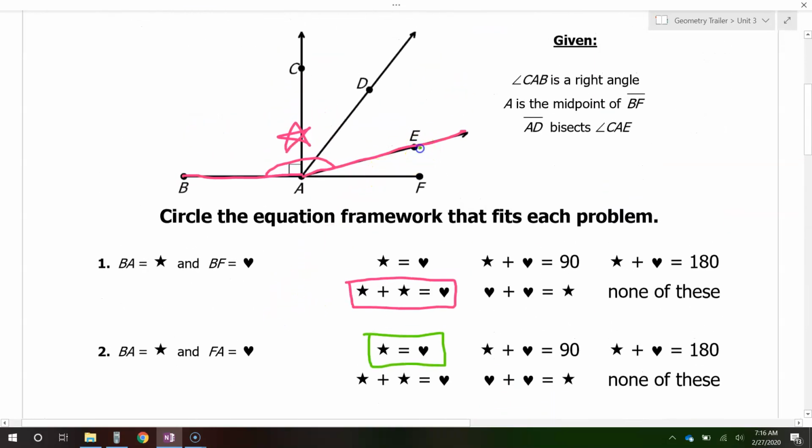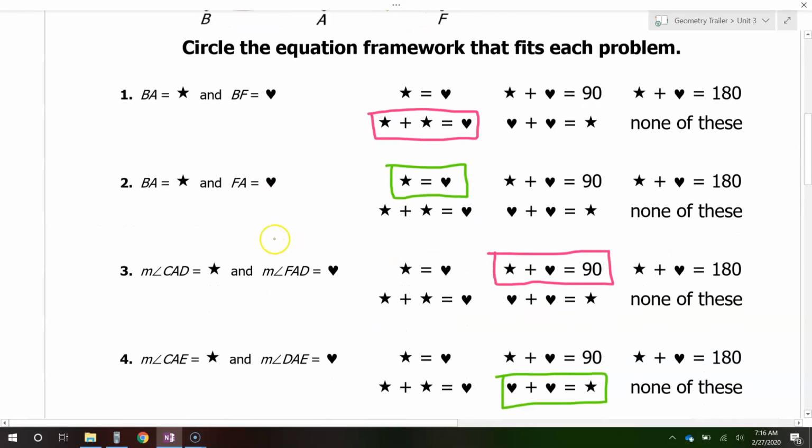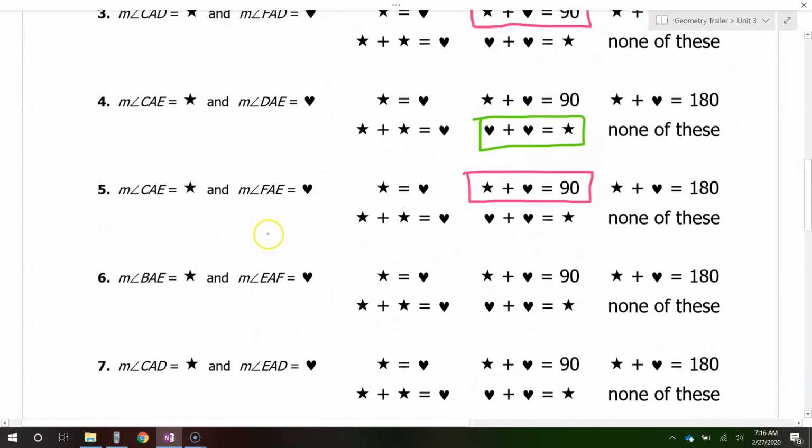EAF is this angle right here, and that is the heart. Well, this is a linear pair. Together, they make a straight line. So they have to add up to 180 degrees. So star plus heart equals 180 degrees. Kabam.